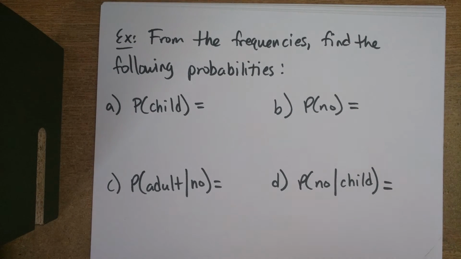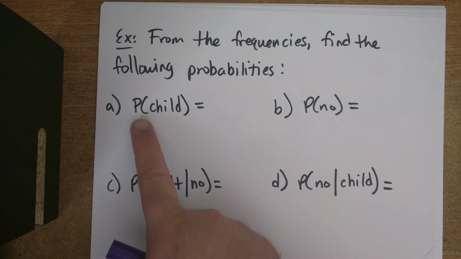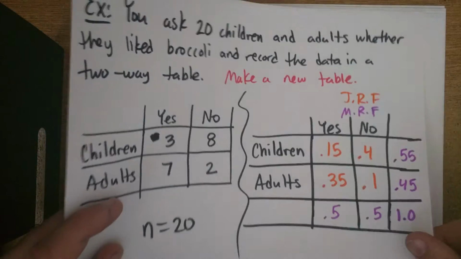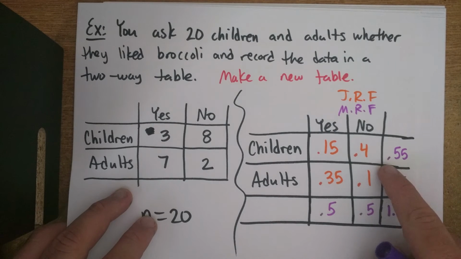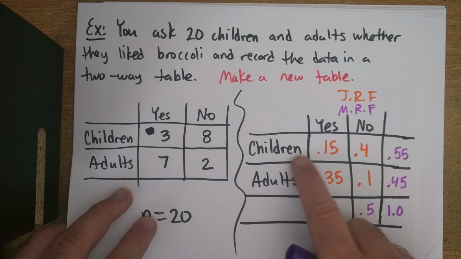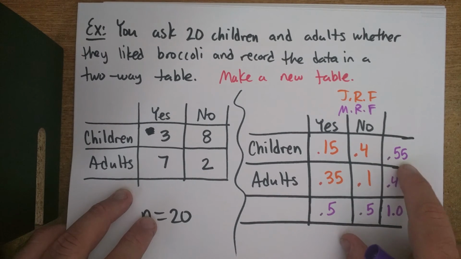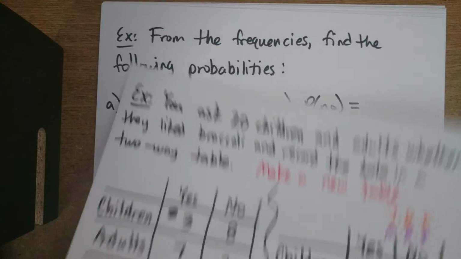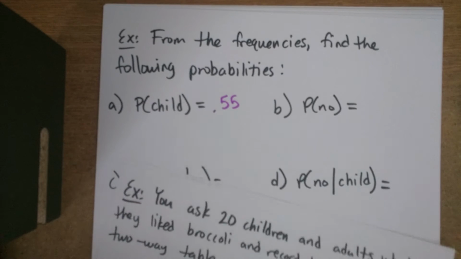Okay, so from the new table that we just drew, we're going to find the following probabilities. Part A says, probability that you select a child at random. If we look at our new table, the total amount of children as a decimal is 0.55, and that's our answer, because that's how many were in the row of children.